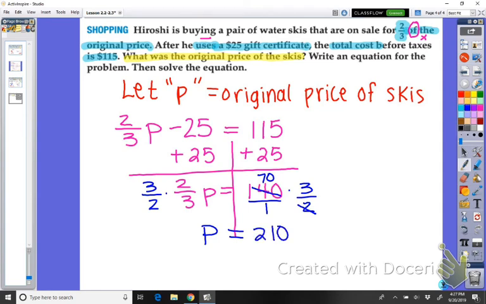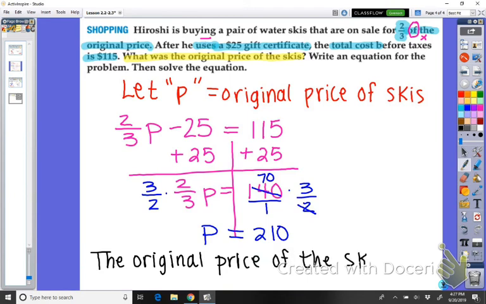Like I said before, restate the question. What was the original price of the skis? Your response: the original price of the skis was $210.